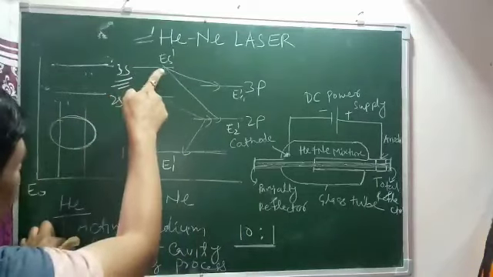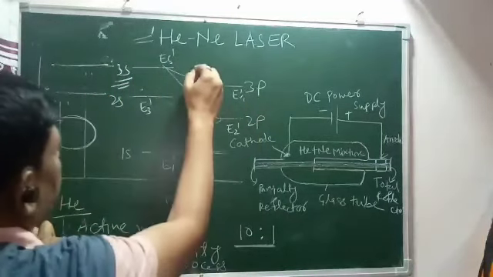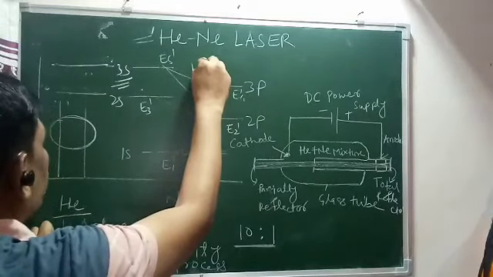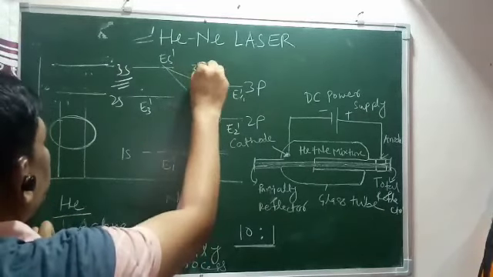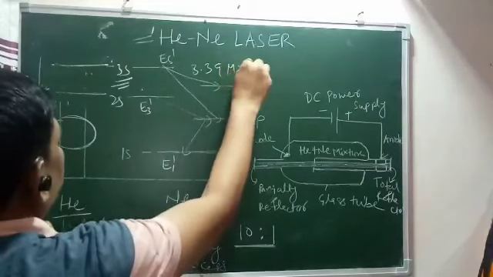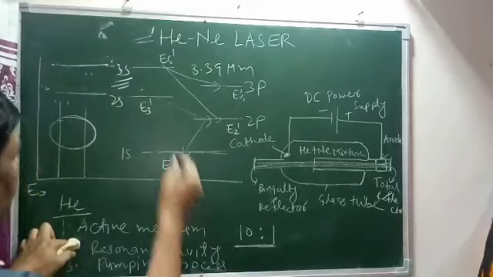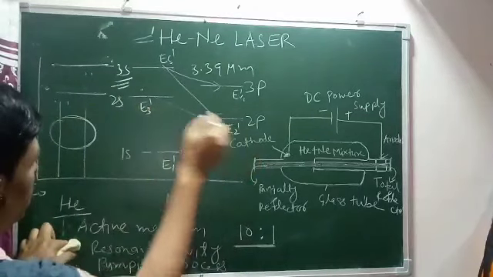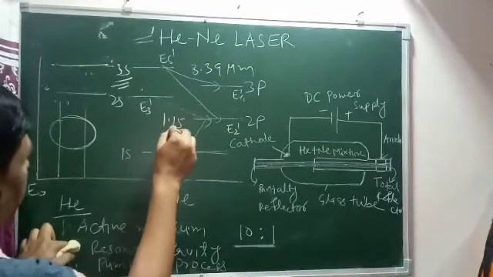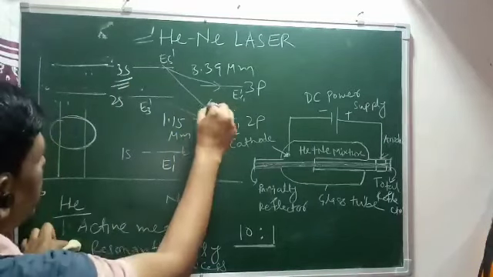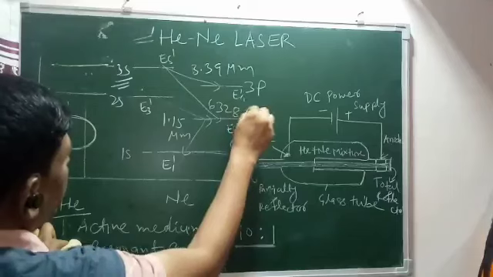So from the 3s to 3p level, a 3.39 micrometer wavelength can be emitted, and from 2s to 2p this corresponds to 1.15 micrometer, and 3s to 2p this corresponds to 6328 angstrom.